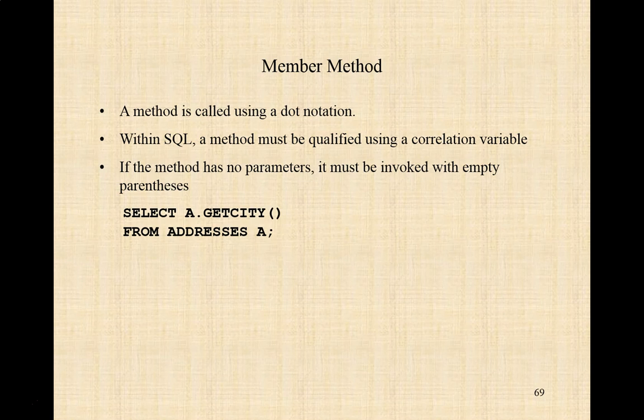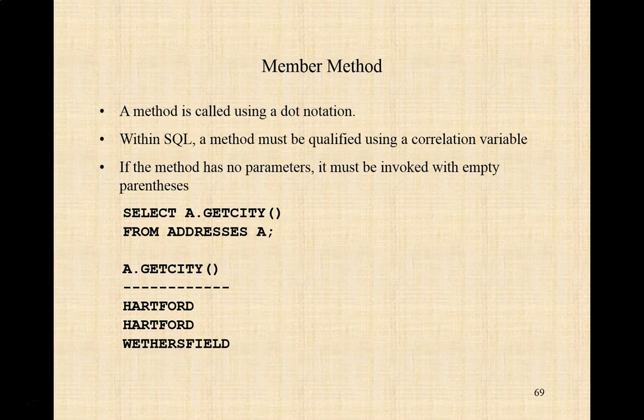Here we're selecting getCity, and because we're doing this in the context of SQL, we're using a table alias or correlation variable associated with the table to qualify the call to the method. Although this object table can be treated like a relational table when we perform data retrieval, this example is presented to demonstrate the calling of a method.